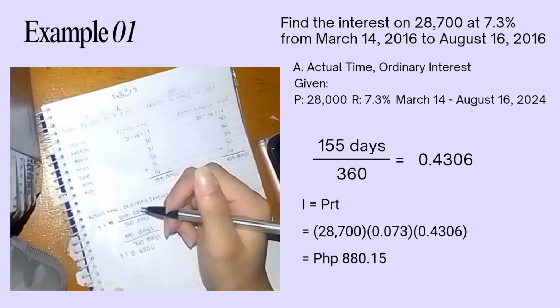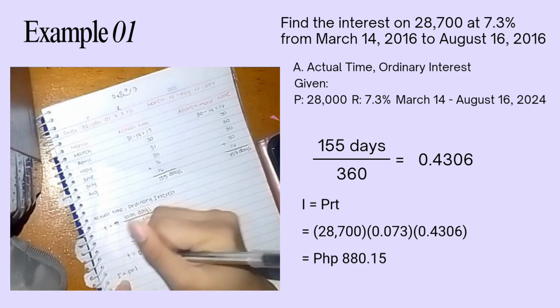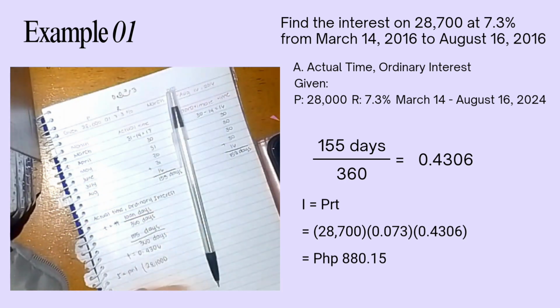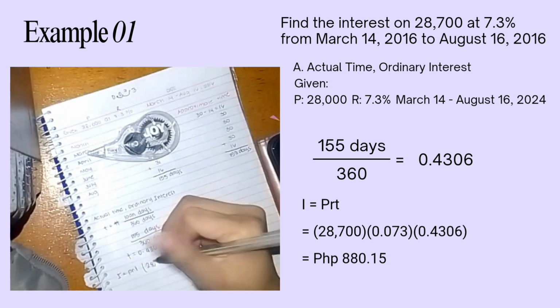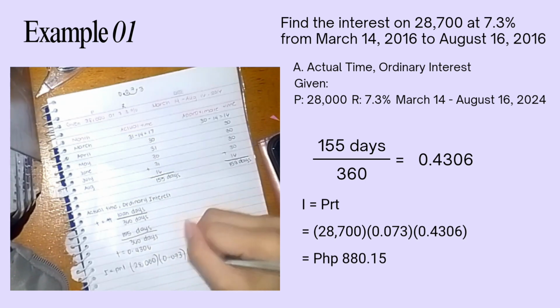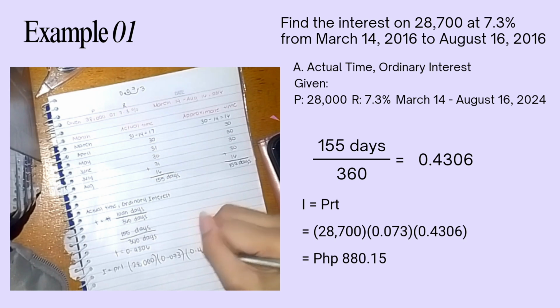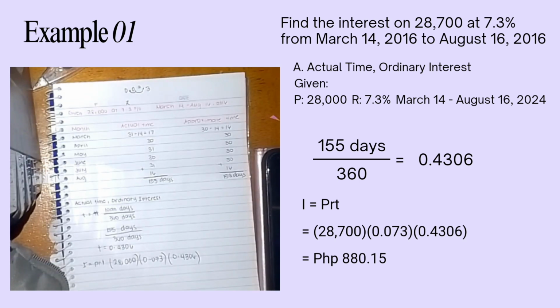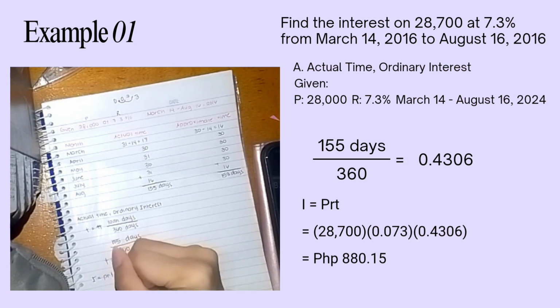Then our formula: I is equal to PRT. So 28,000 times 0.073 times 0.4306 is equal to, with the peso sign.